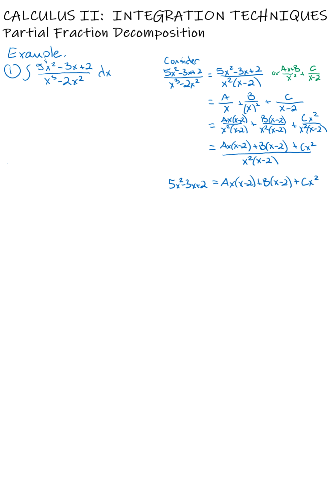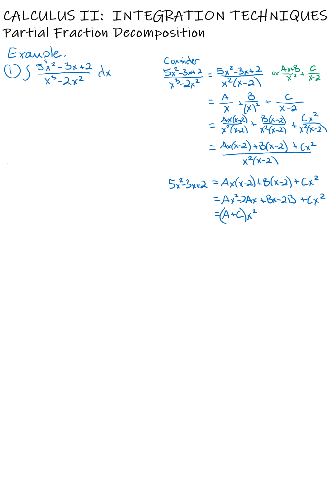Now we'll distribute on the right-hand side, multiplying things out. We get Ax squared minus 2Ax plus Bx minus 2B plus Cx squared. The next thing we'll do is combine all of the like terms. I have an Ax squared and a Cx squared, so that means A plus C is the coefficient for x squared.